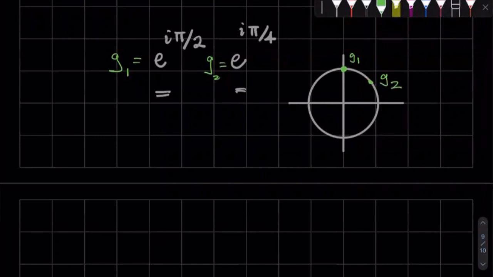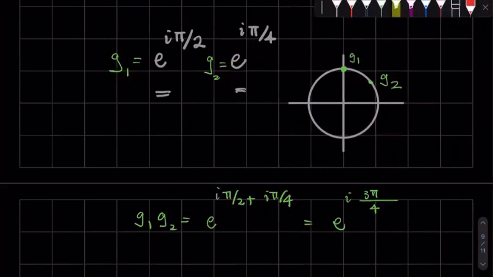Now, if I multiply these two together, G1 times G2, I get e to the power i pi by 2 plus i pi by 4, which is e to the power 3 pi by 4, right? So that means that if I multiply these two things, I end up at this point.